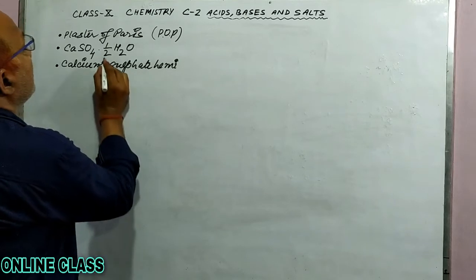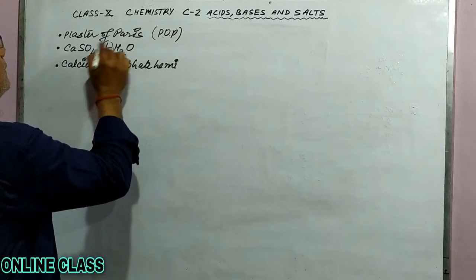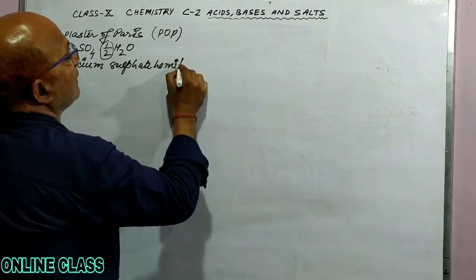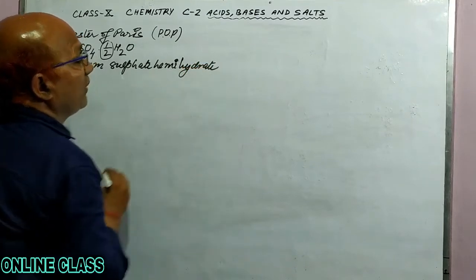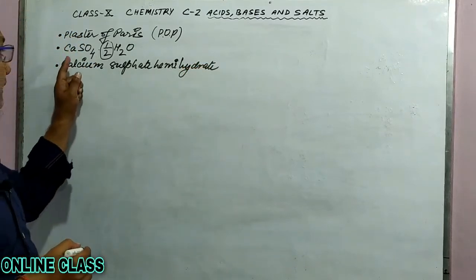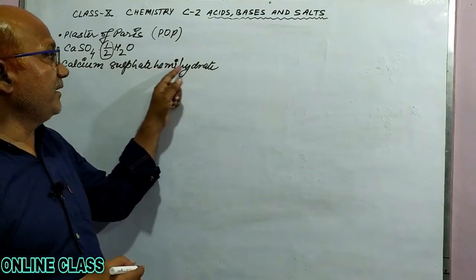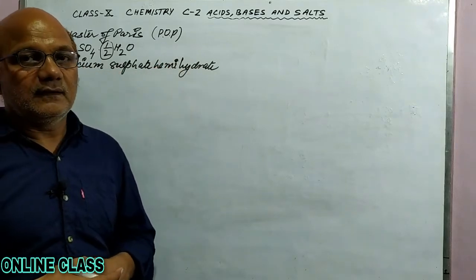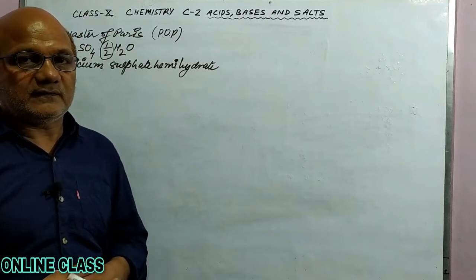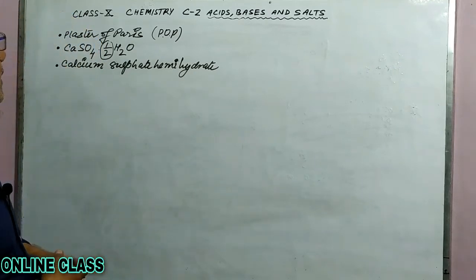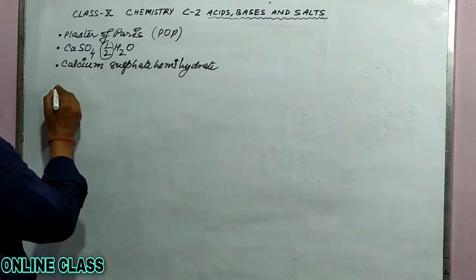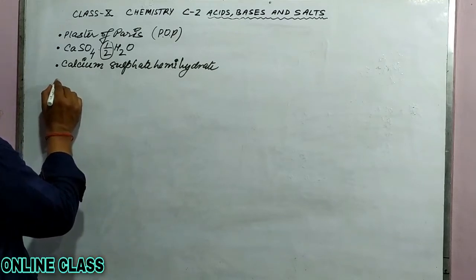Hemi for half, hydrate for water, calcium sulfate hemihydrate. This is chemical name of plaster of Paris. And now let us see how POP is prepared.